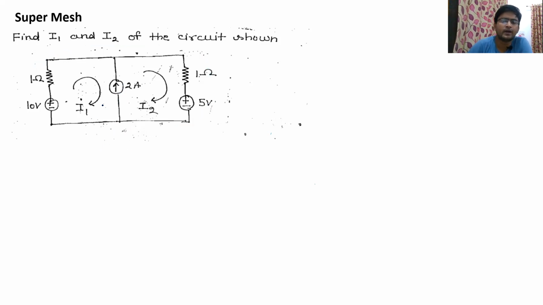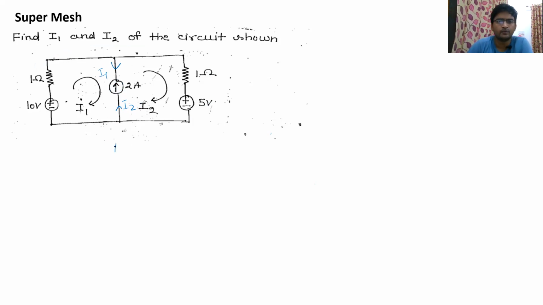As you can see, in this common branch, this current I1 is entering like this, but this current I2 is entering like this. So what will be the value of the difference between this I1 and I2? It should be equal to 2 ampere, which is in the upward direction, right? Because in one branch, only one current can exist.